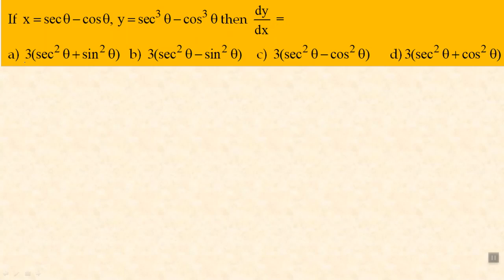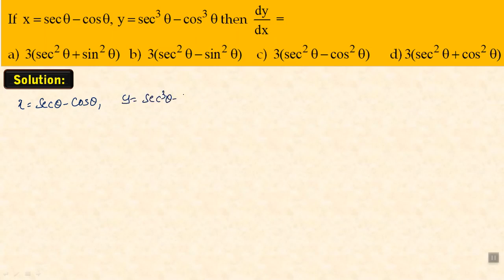Options are 3 into secant square theta plus sin square theta, 3 into secant square theta minus sin square theta, 3 into secant square theta minus cos square theta, 3 into secant square theta plus cos square theta. Let us find this. Given x is equal to secant theta minus cos theta, y is equal to secant cubed theta minus cos cubed theta.